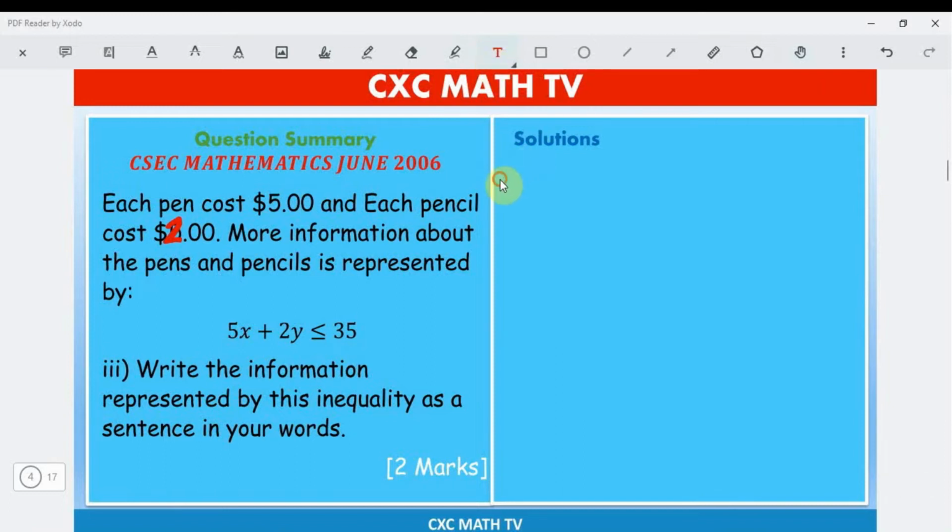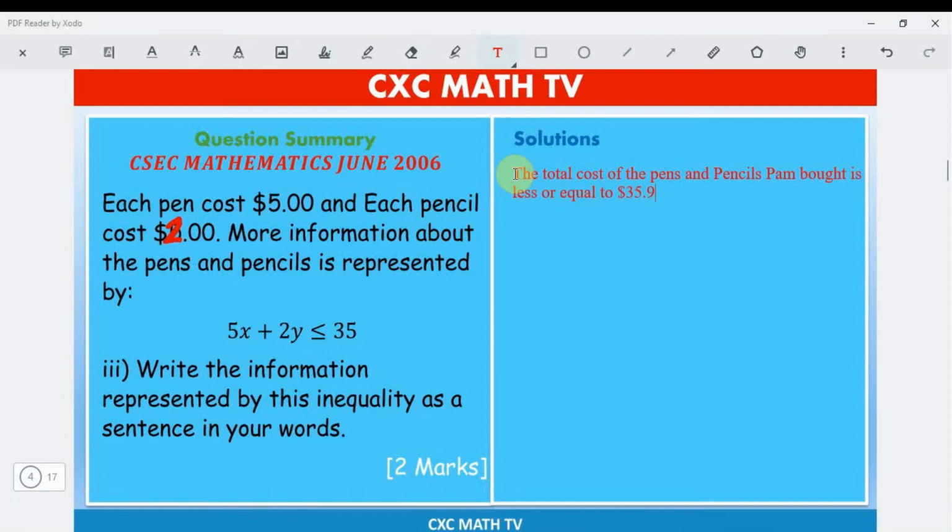So a nice way to write it down is this. We're going to say the total cost of the pens and the pencils Pam bought is less than or equal to $35.